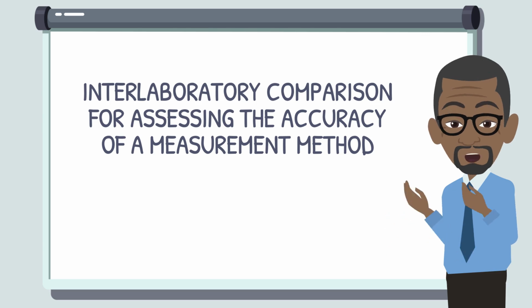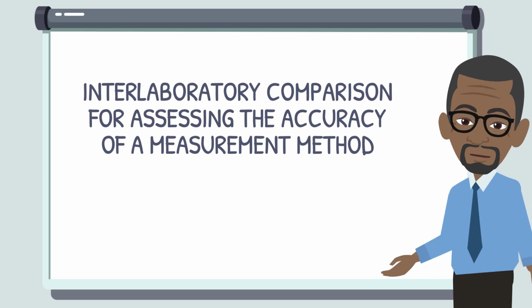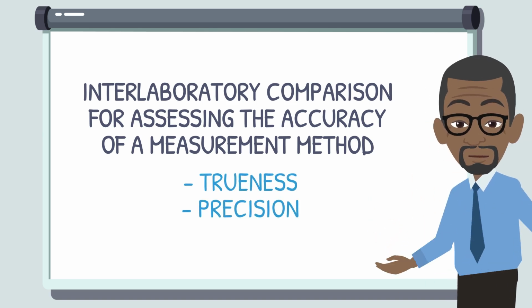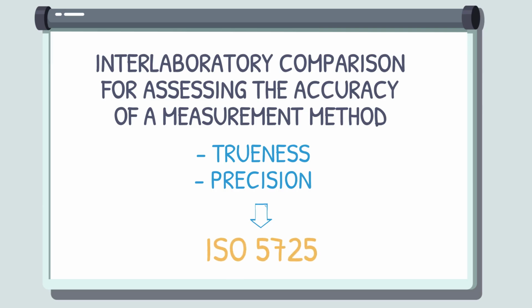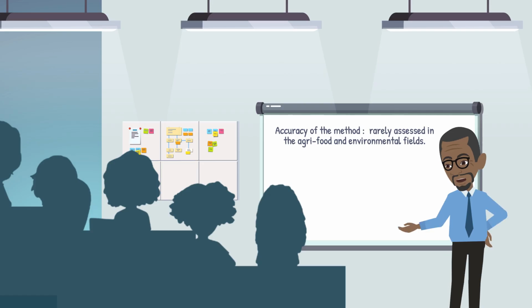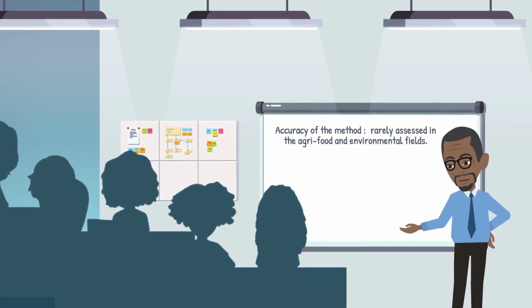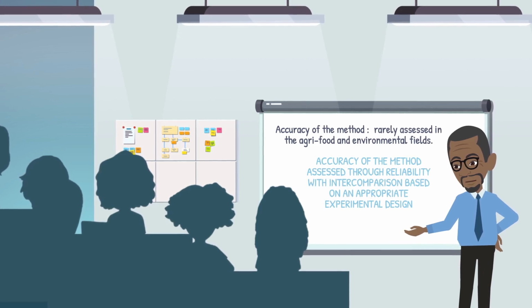Now, if we wish to estimate the accuracy of a measurement method, we must focus on the method's performance by quantifying its trueness and precision. This purpose is achieved by the ISO 5725 series of standards, which can be divided into 6 complementary parts. It should be noted that a metrological traceability of a value is not easily obtained in the agri-food and environmental fields. This is why the trueness of the method is rarely estimated in these fields.